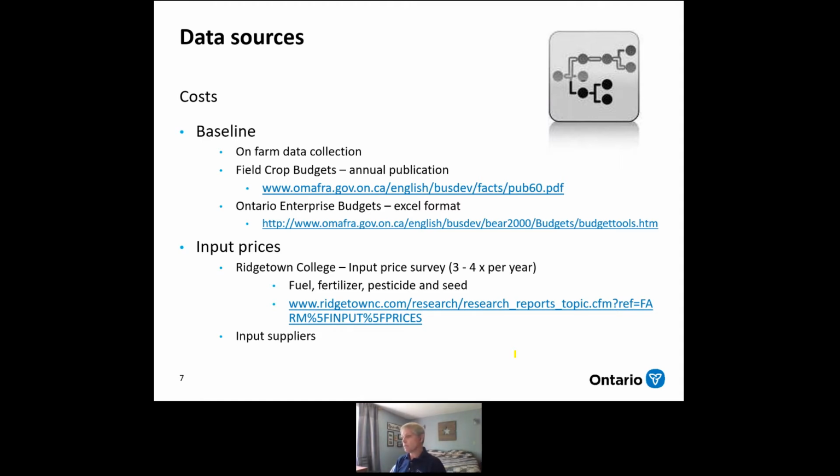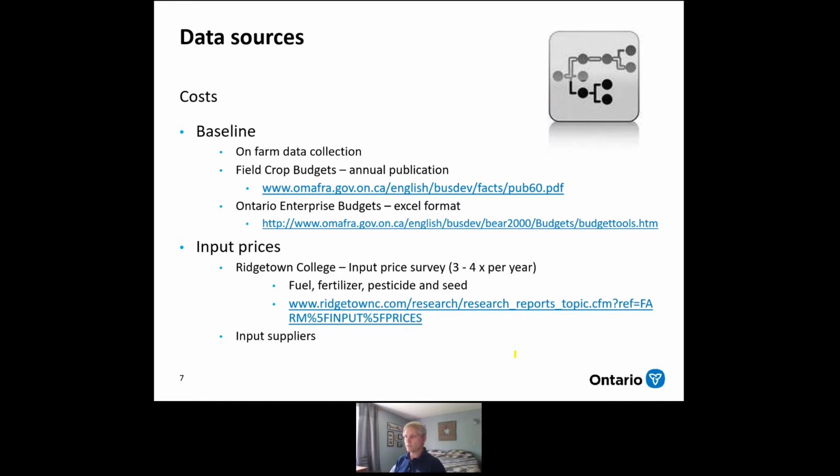So we do have some cost of production information within OMAFRA. We have the field crop budgets, which is an annual publication that I work with the field crop team to put together each year. The current one is on the website. If you're looking for historical information, I have versions of the Pub 60 going back as far as 1976, if you're so inclined.